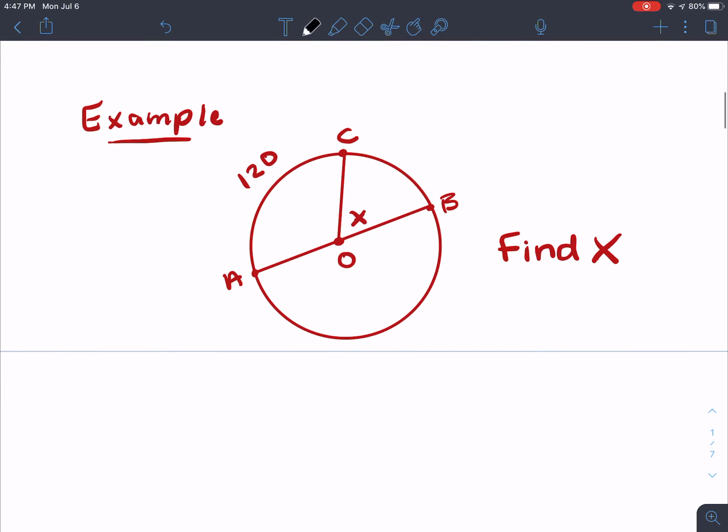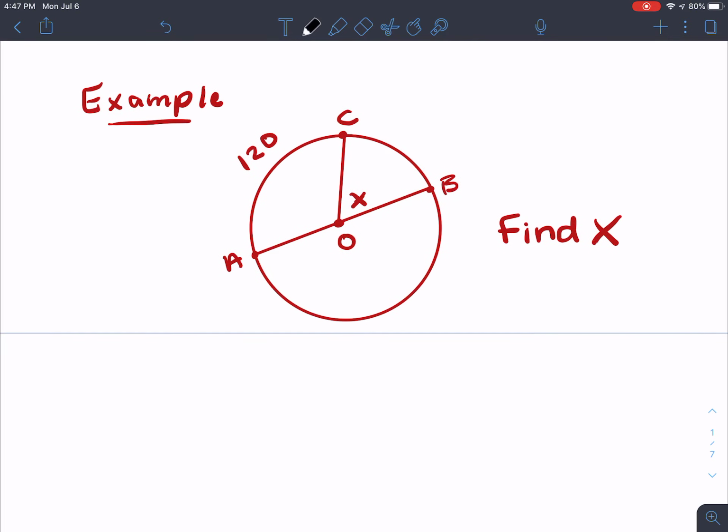So now let's try an example. So in this example, it tells us to find x. So we know this line right here is the diameter of a circle, and the diameter is half of the circle, and half of the circle measures 180 degrees. And we already know this part of circle is 120 degrees.